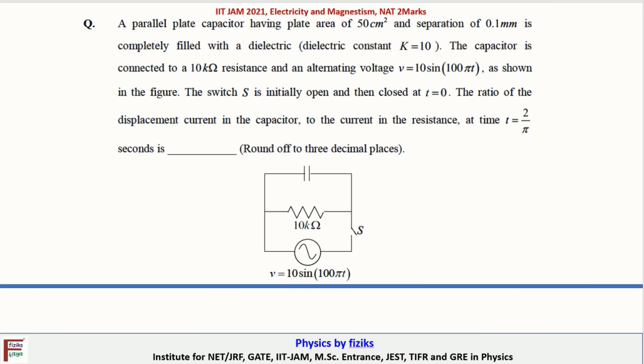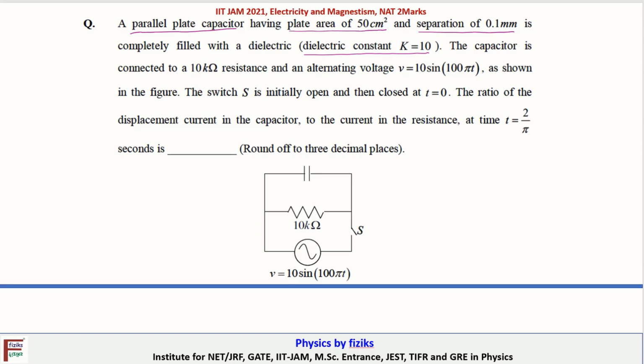Hello students, in this question it is given that a parallel plate capacitor having plate area 50 centimeters square and a separation of 0.1 millimeter is completely filled with dielectric having dielectric constant K is 10.